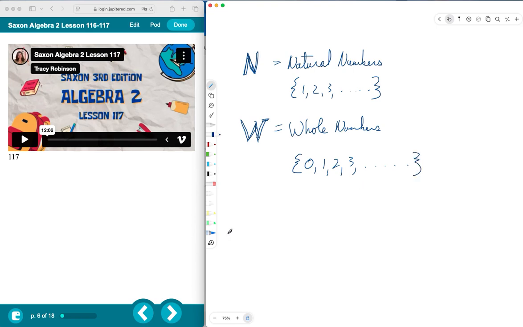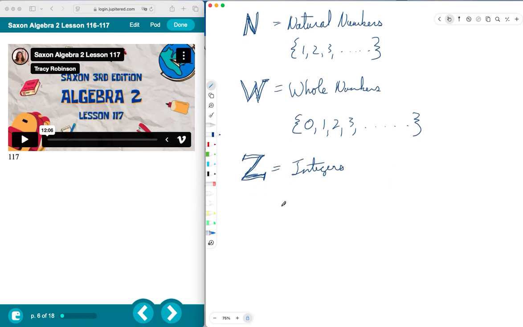Okay, then you have what's called integers, which is the letter Z, kind of fancy like that with a double line through it. This is integers. So this includes the concept of negative values. So it is whole numbers plus negative numbers.